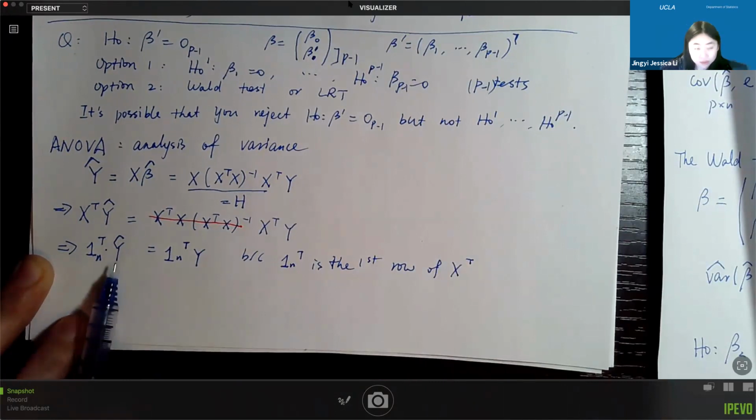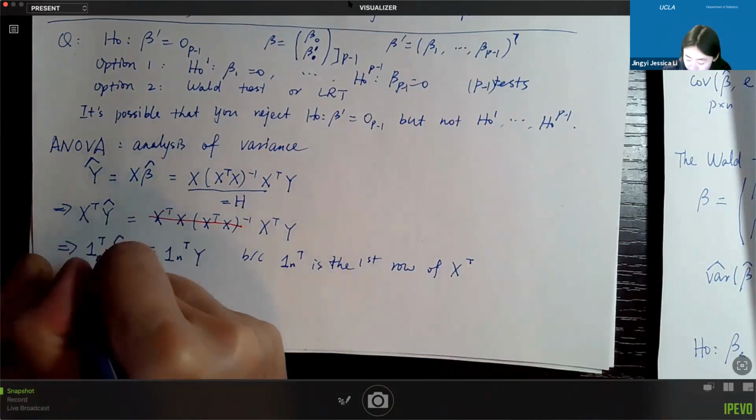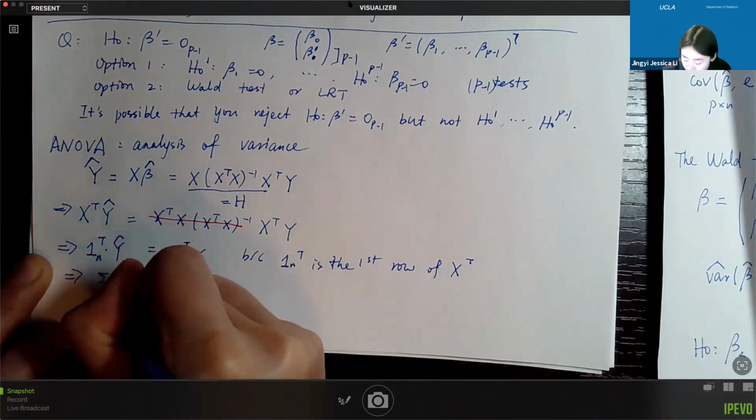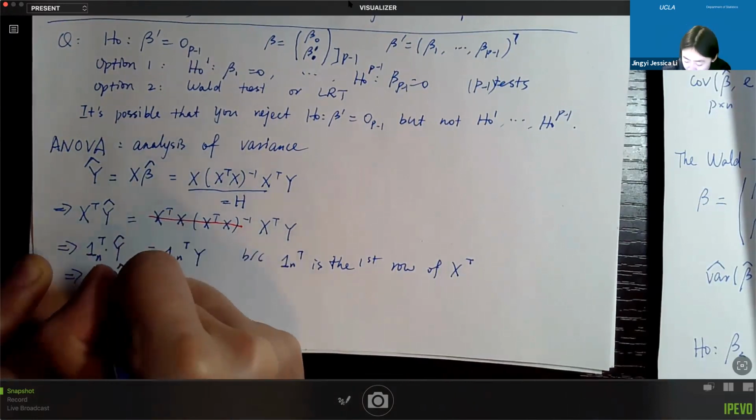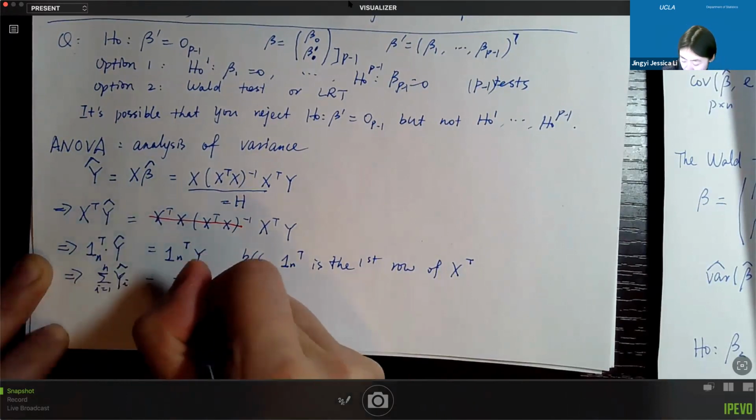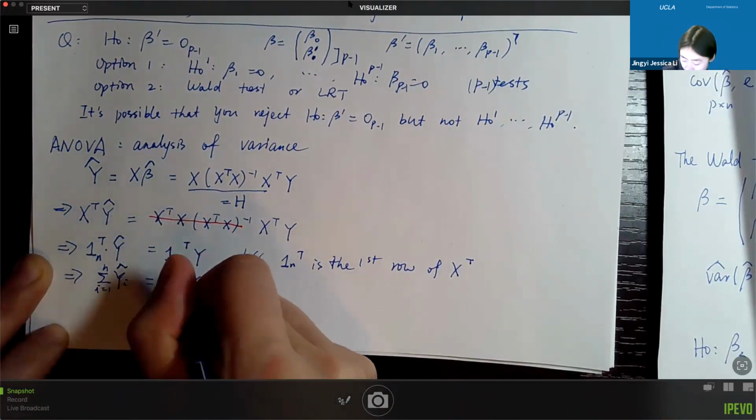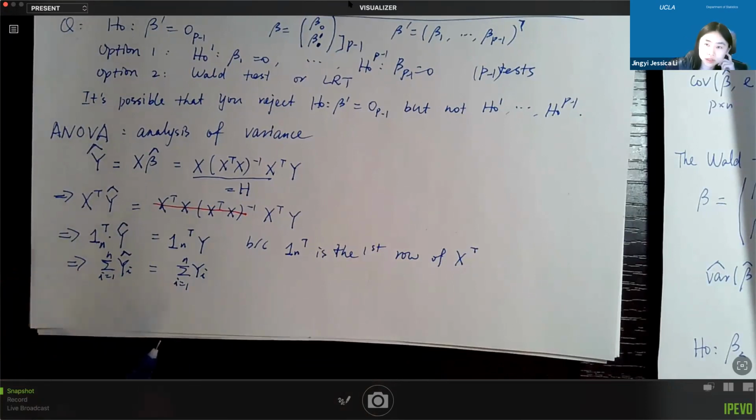This tells me the summation of y_i hat, i from 1 to n, is equal to the summation of y_i, i from 1 to n. This is a very important result about the linear model: the sum, or equivalently the average, of your fitted responses is equal to the sum or average of the original responses. This is a central result we're going to use in ANOVA.